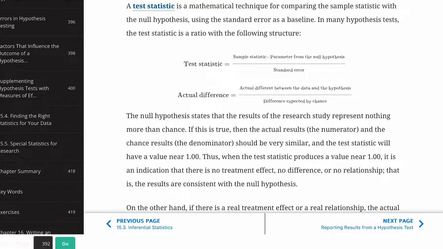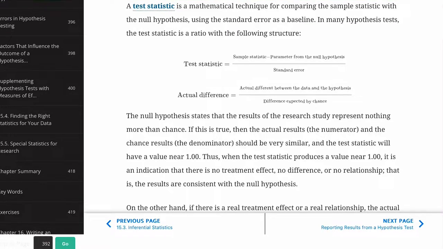But if they're close to the same, if it's basically by chance, it's going to be near 1, because the top and bottom numbers are going to be close to the same, which means when you divide them, they're going to be close to 1, right? Because a number divided by itself is 1.